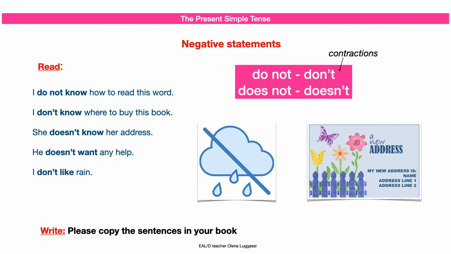I do not know how to read this word. I don't know where to buy this book. She doesn't know her address. She doesn't know where she lives. He doesn't want any help. I don't like rain. Pause the video and copy the sentences in your books.